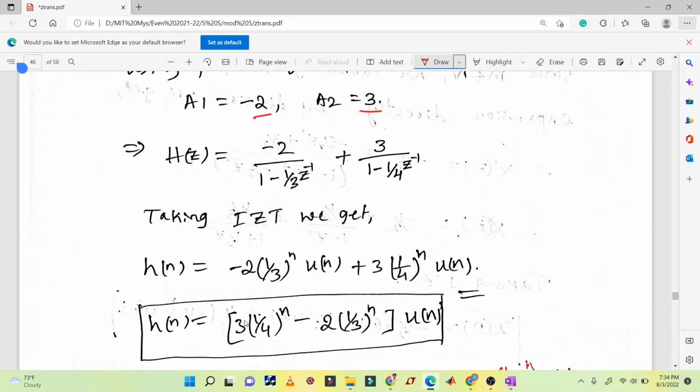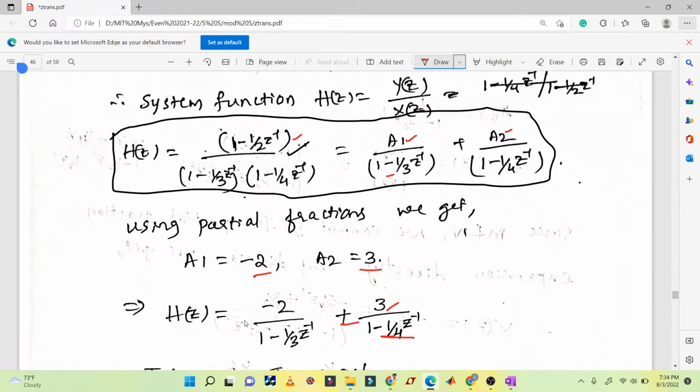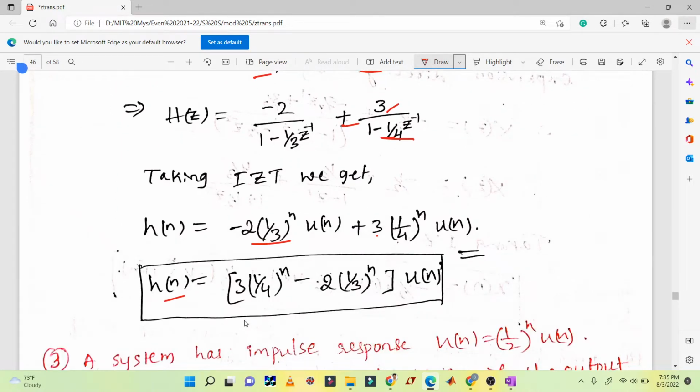Applying inverse Z transform, we will get minus 2 into 1 by 3 to the power n u of n and plus 3 into 1 by 4 to the power n u of n. So this term is our h of n. So this is the answer.